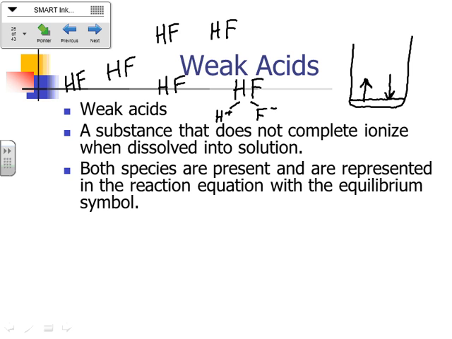That's equilibrium. It's going in both directions at the same time, at the same speed. The way that we represent that is with an equilibrium symbol, which is a half arrow going in one direction and another half arrow going back in the other direction. That's an equilibrium arrow.